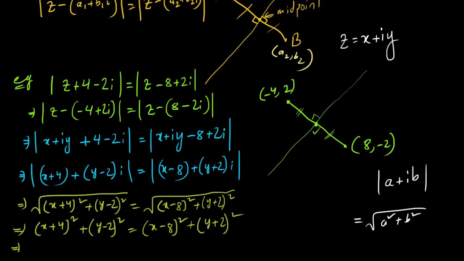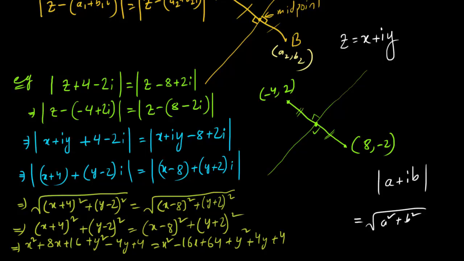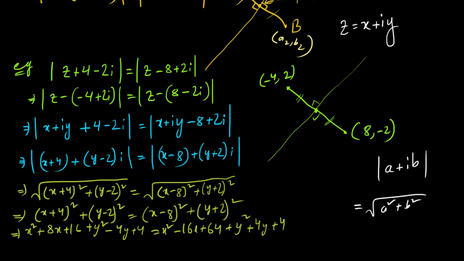Now if you break this down, it turns out to be a squared plus 2ab is 8x plus 16 plus y squared minus 4y plus 4 equals to x squared minus 16x plus 64 plus y squared plus 4y plus 4. So by algebra, this x squared cancels out with this x squared, this y squared cancels out with this y squared, and we have this 8x plus 16x, and that turns out to be 24x.